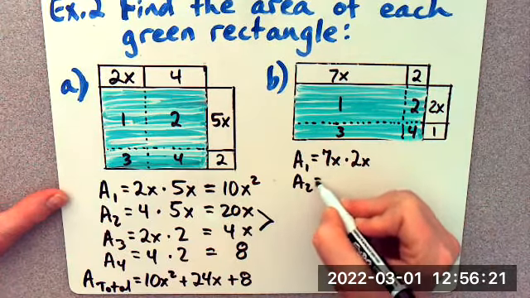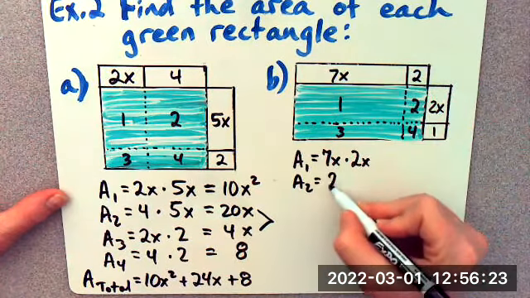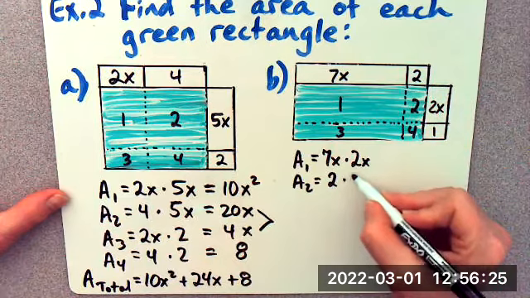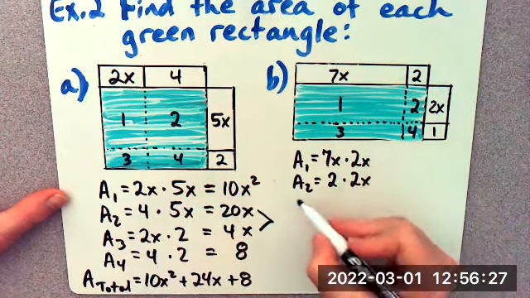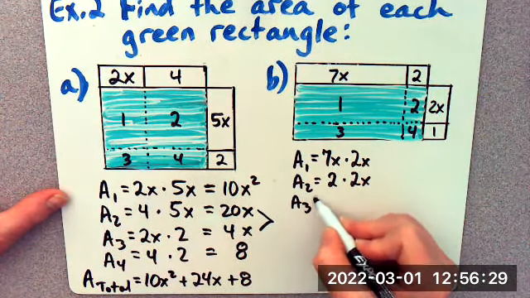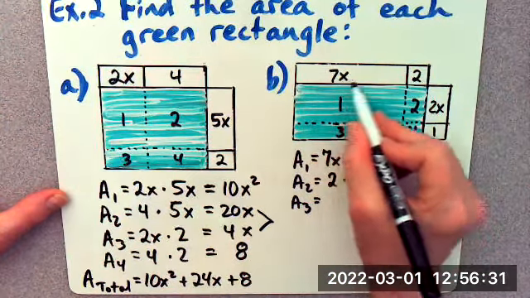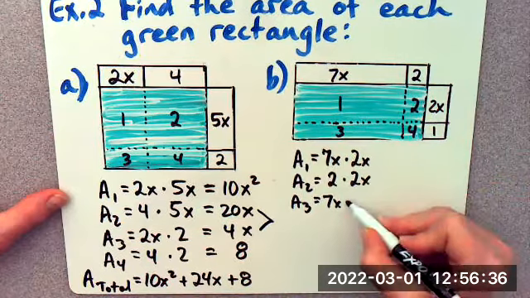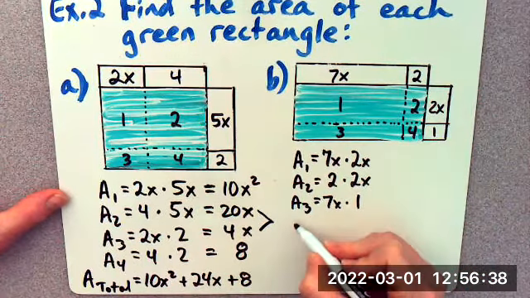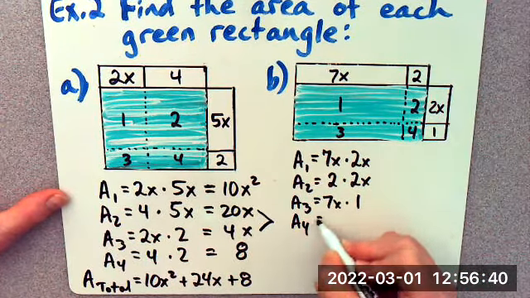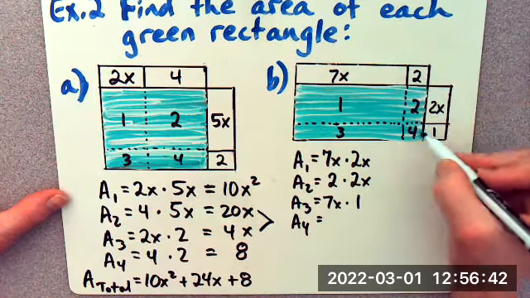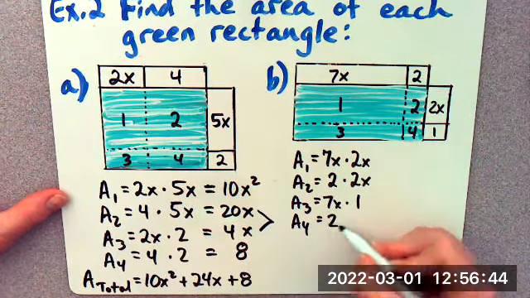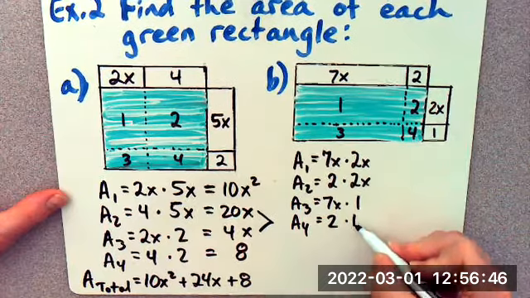Area 2, we have 2 times 2x. Area 3 equals the 7x times just 1. And area 4 equals 2 for this length here times 1.